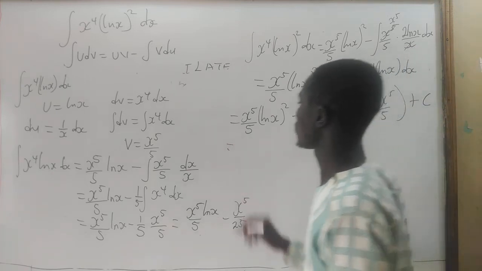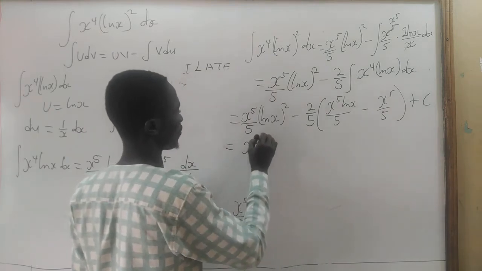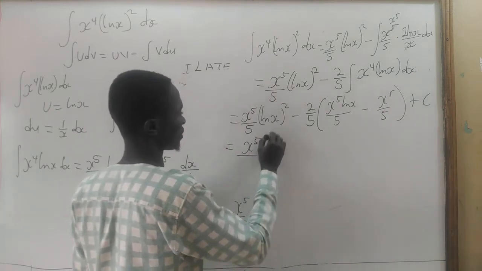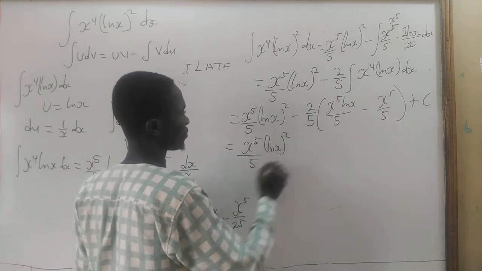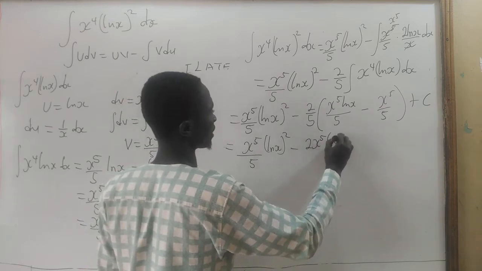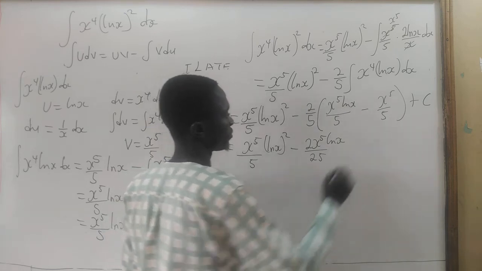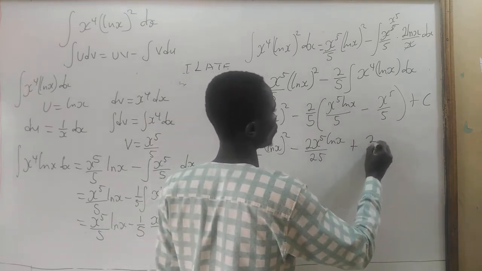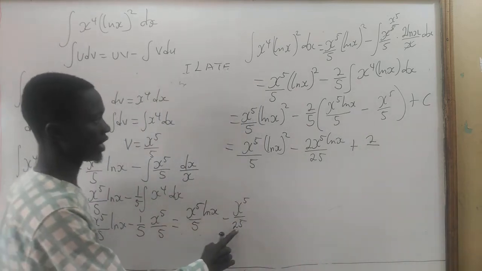So this will be equal to x to the power 5 times natural log of x divided by 5 minus 2x to the power 5 times natural log of x divided by 25 plus 2, oh here you have 25 here.